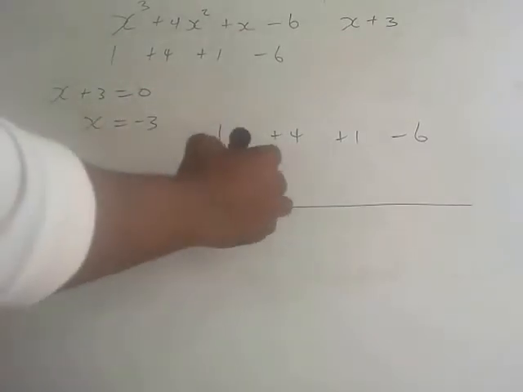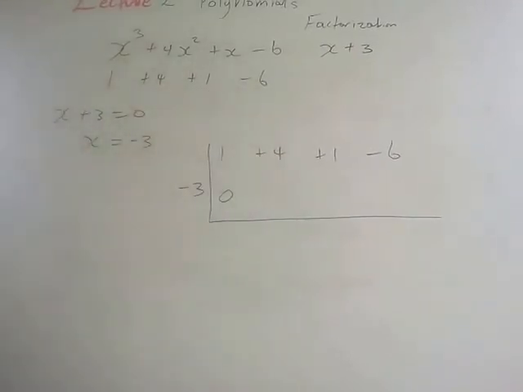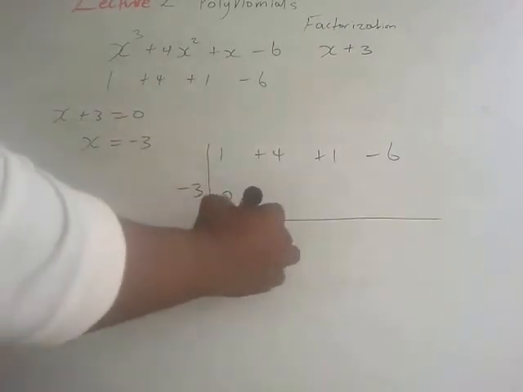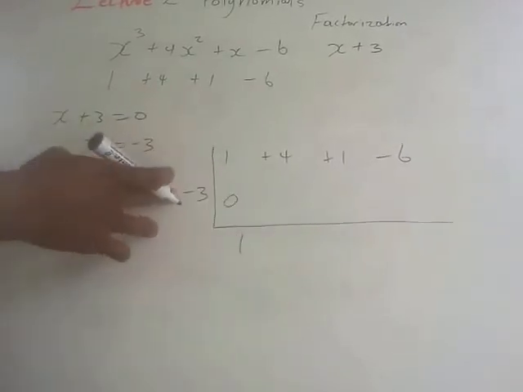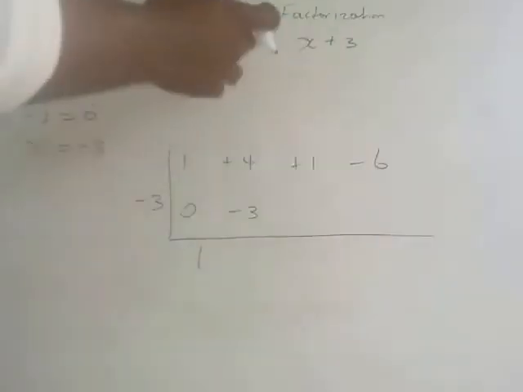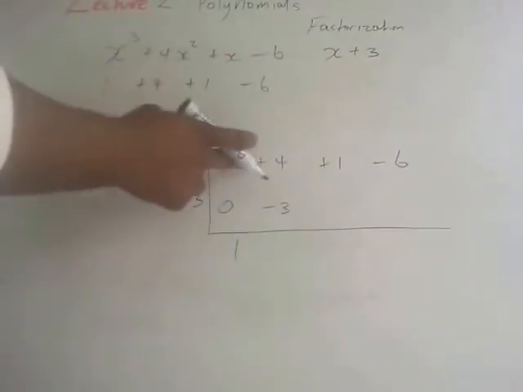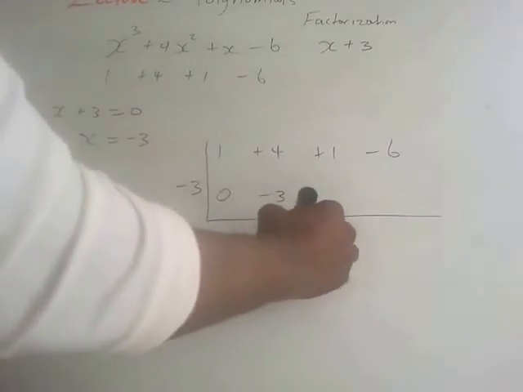I always recommend putting 0 right here, and then you add the first coefficient to 0, and you should get 1. Now this 1 that you get, you multiply it by the minus 3, and you get minus 3. Then you add again: positive 4 and minus 3 give us a positive 1.